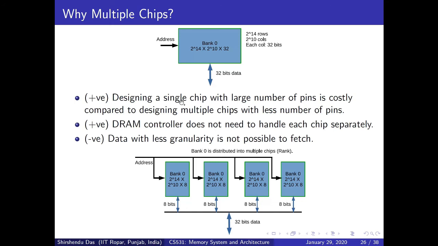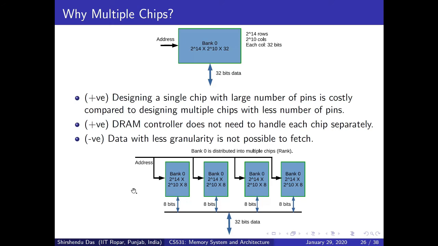Why is it not like this, where there is only one chip and it is giving 32 bits of data? Instead of a single chip like this, why is the rank designed in this format, where it is divided into multiple smaller chips, and each smaller chip is giving 8 bits of information?